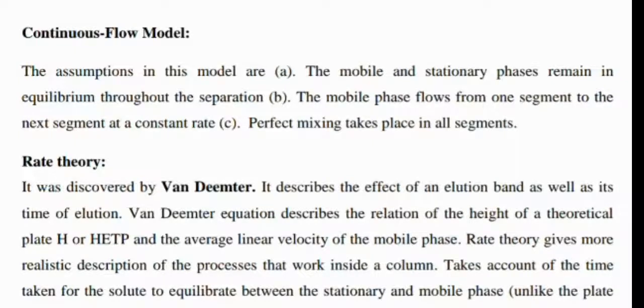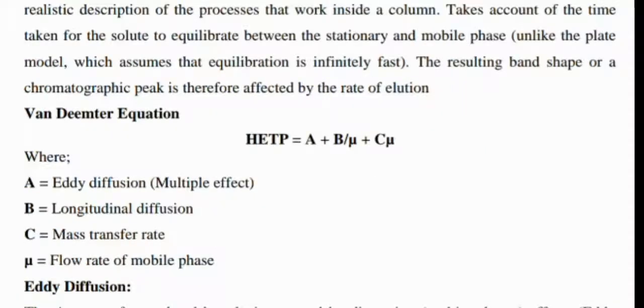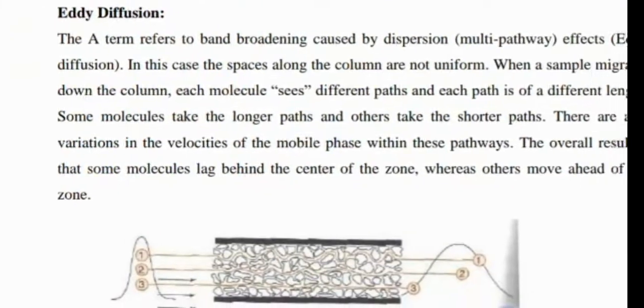Rate theory gives a more realistic description of the processes that work inside a column, and takes account of the time taken for the solute to equilibrate between the stationary and the mobile phase. Its equation is HETP is equal to A plus B over nu plus C nu, where A is the eddy diffusion, B is the longitudinal diffusion, C is the mass transfer, and nu is the flow rate of the mobile phase.